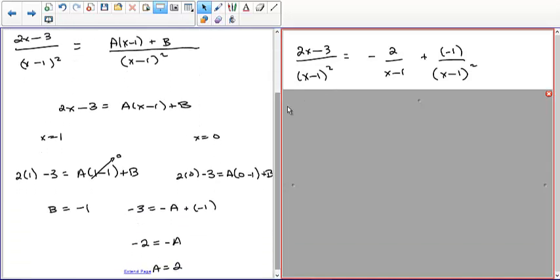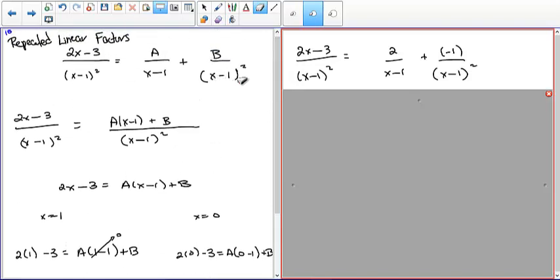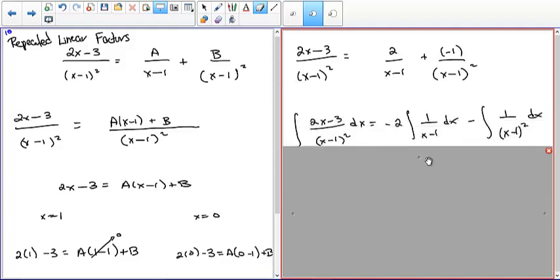Yeah, guess nobody caught me this morning. Okay, so this is actually positive 2 over x minus 1, and then you've got b, which was negative 1, so you get negative 1 over x minus 1 squared. Okay, so let's fix that there.